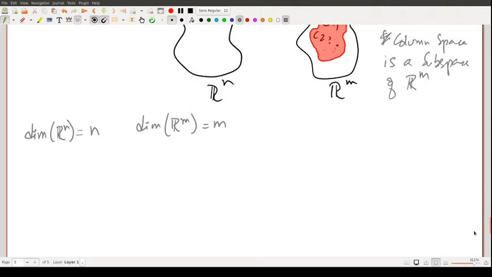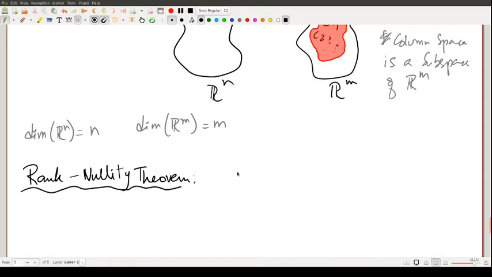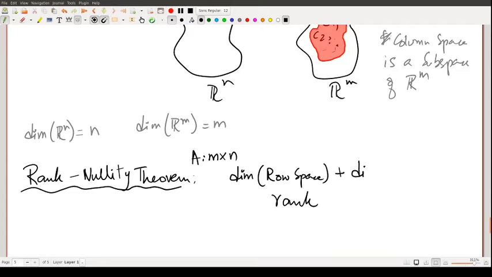And so let's tie down this idea. The rank nullity theorem just says this interesting fact, talked about in terms of an m by n matrix: if you take the dimension of the row space, which is called the rank, and you add the dimension of the null space, which is called the nullity, these two together should be equal to n.